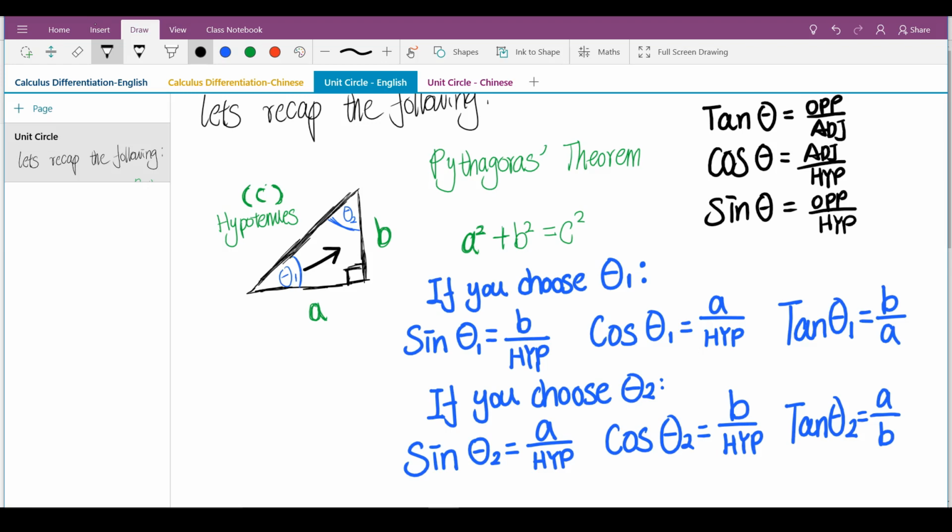Another basic thing I want to go over again is our Pythagoras Theorem. When it comes to right angle triangles, how could you miss Pythagoras Theorem?